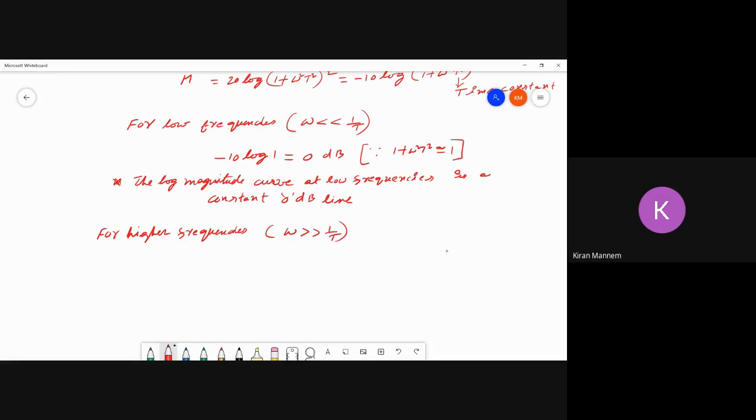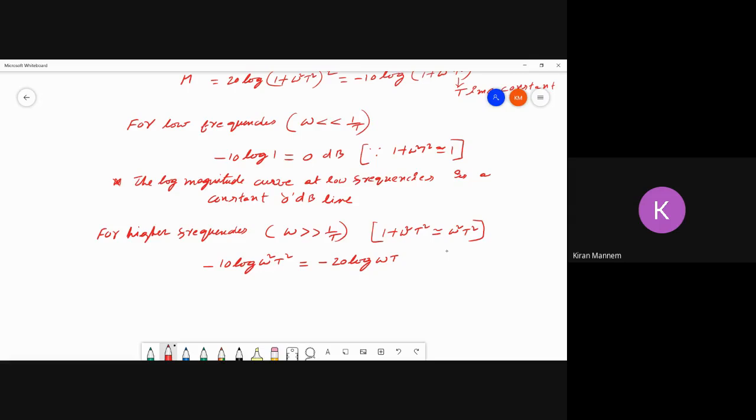Your magnitude value would be minus 10 log omega square t square. So this is equal to minus 20 log omega into t. So why is it omega square t square? Again, 1 plus omega square t square, since your omega value is a much larger value, would be approximately equal to omega square t square.